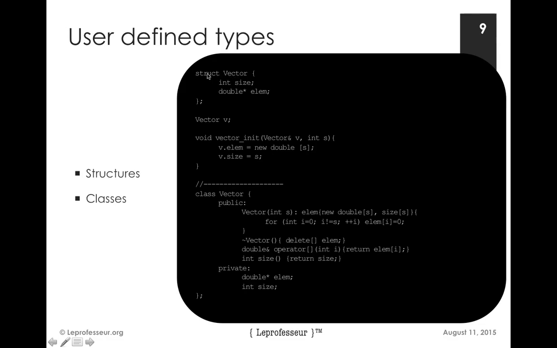For example, here is a structure Vector which holds a variable of integer type and a pointer which points to a double type memory, or which points to a memory address, and the memory holds the value which is of double precision type.